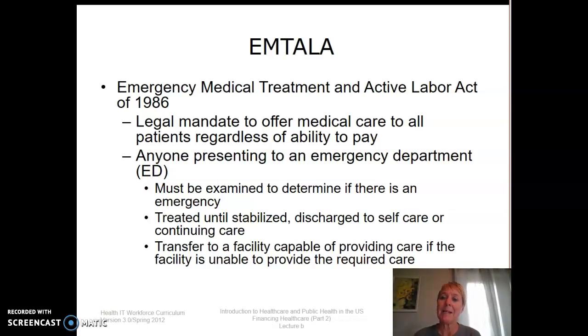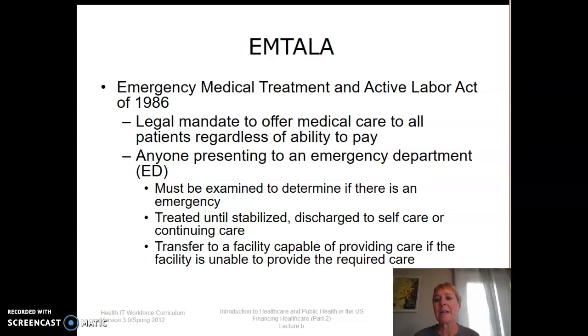So it was mandated that if someone shows up in the emergency room needing emergency treatment or in labor, that facility has to care for that person. Not the level of care of being admitted, but they have to provide medical screening, okay, and get that person stable before they can be transferred somewhere else.